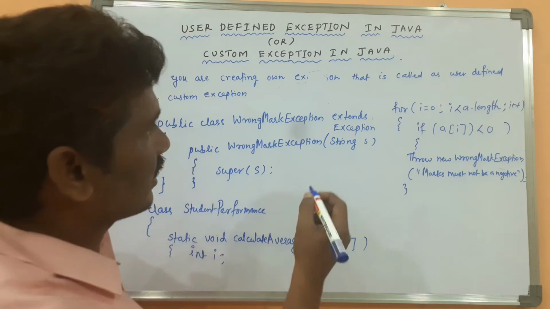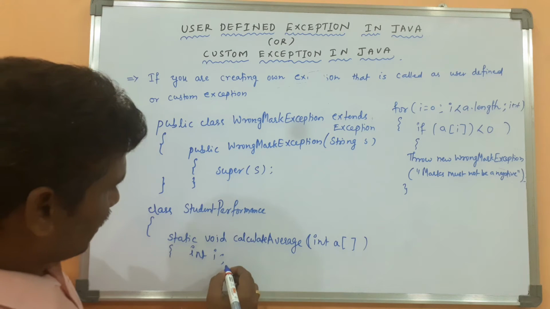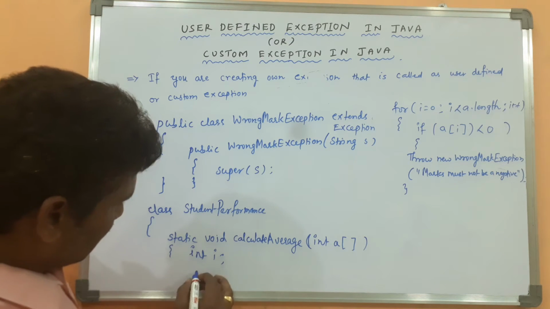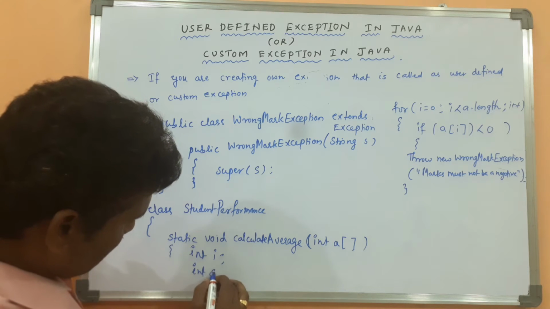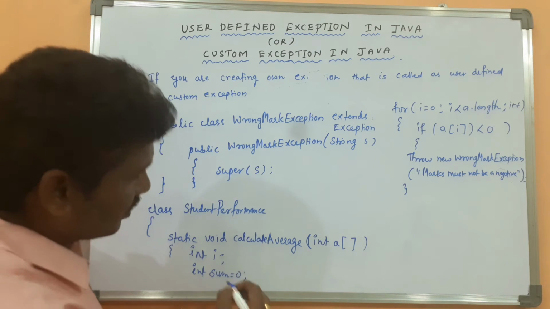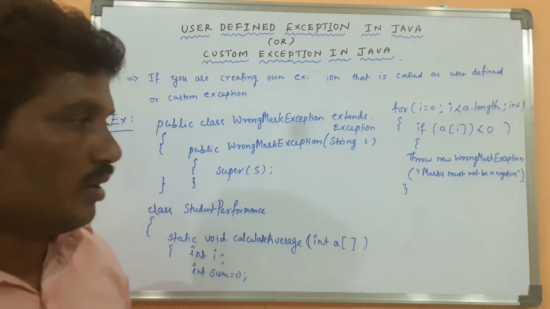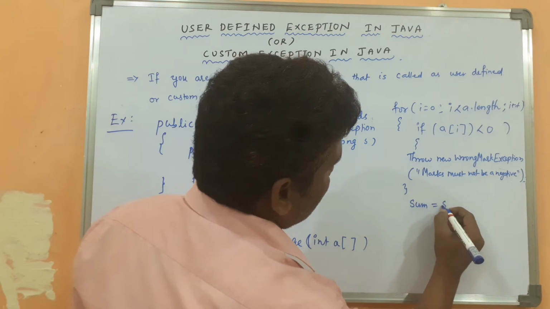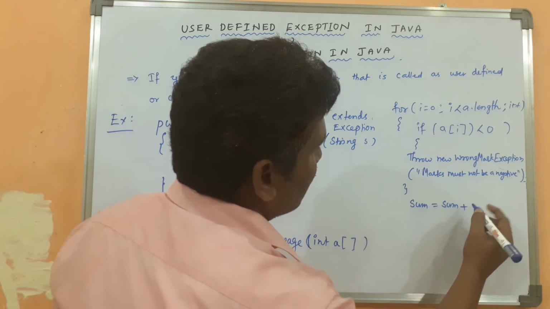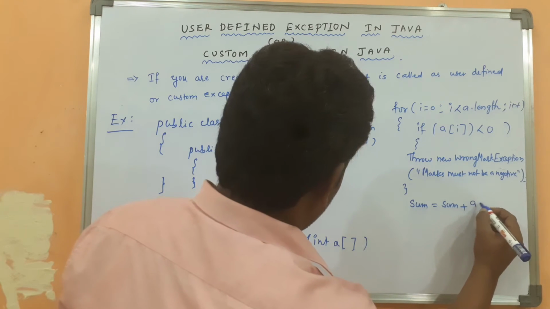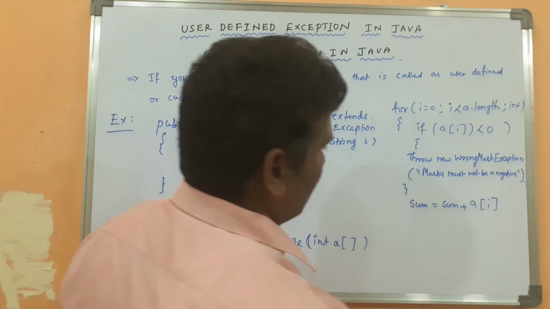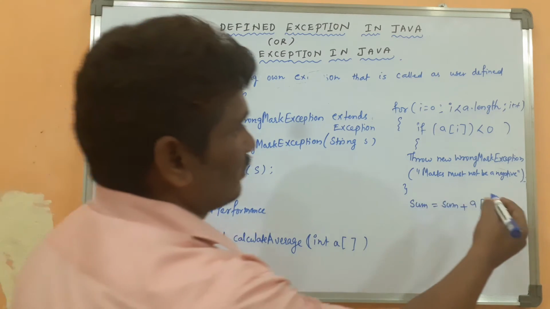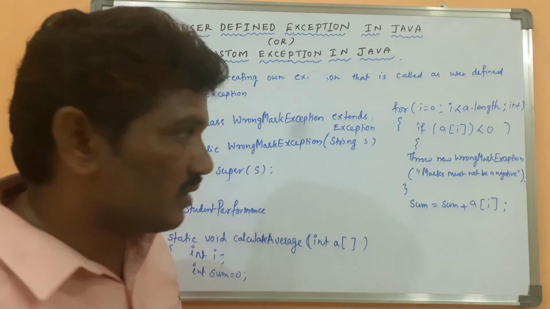Then here I can take another variable, the sum: int sum equal to 0. Then sum equal to sum plus a[i]. Then we can find the sum, after that we can get the average.